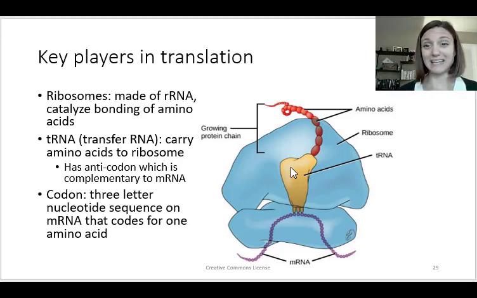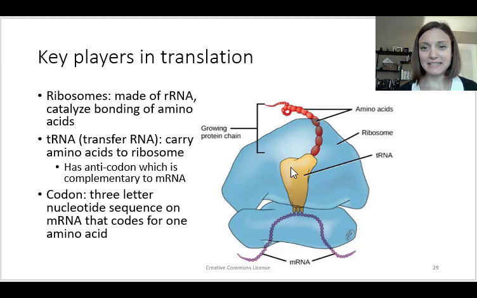So the ribosomes themselves are actually built out of RNA, and their main job is creating a platform for the RNA transcript to sit on, and then catalyzing the connection of those amino acids. Amino acids are the monomers, the building blocks of proteins, and they're connected by the ribosome acting as a catalyst to bond them together.